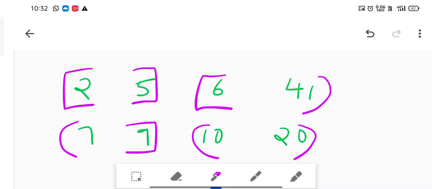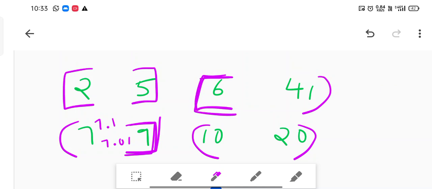So what does the first one represent? 2 and 5 are included, so I can write 2 and 5. But here 7 is not included, that means I can write from 7.1, otherwise from 7.01, but I can't write 7. But I can write 8.9, also 9. Here 6 I can write, 6.1 I can write, but I can't write 5.9 because I start only from 6.